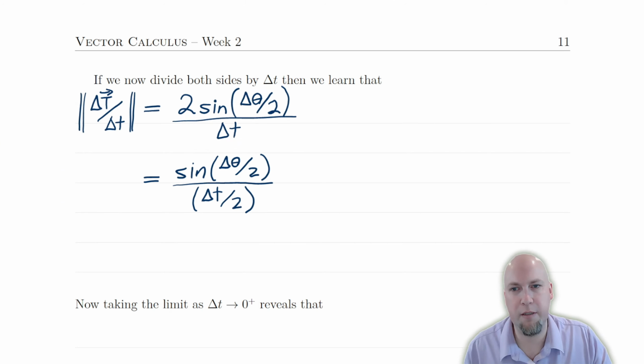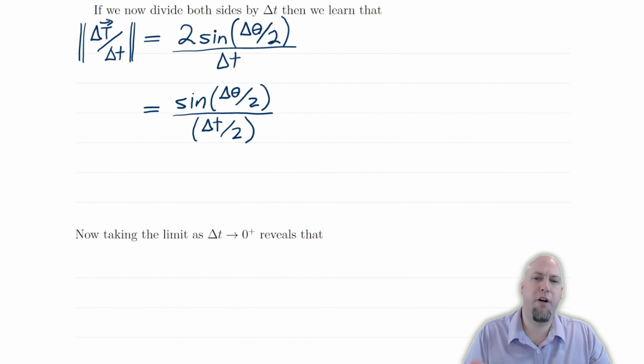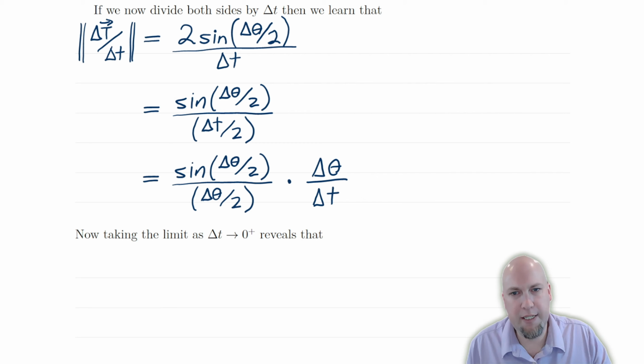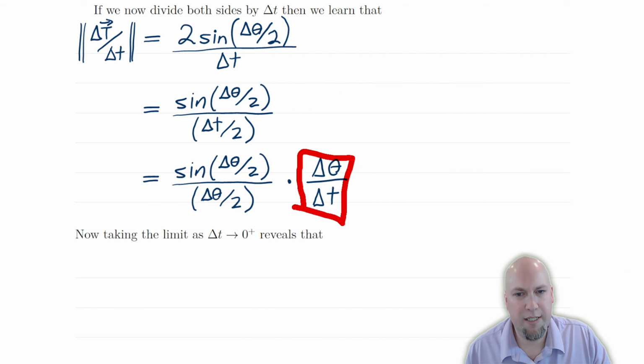I've got a 2 in the numerator, so why don't I just stick it down in the denominator? That makes the thing down here look a lot more like the thing up here. Now I have to go one step further. Unfortunately, the delta theta inside is not the same as delta time. But what I can do is multiply by delta theta over delta time.